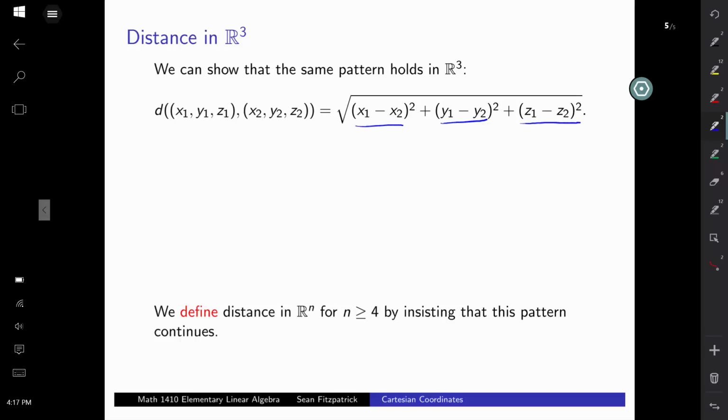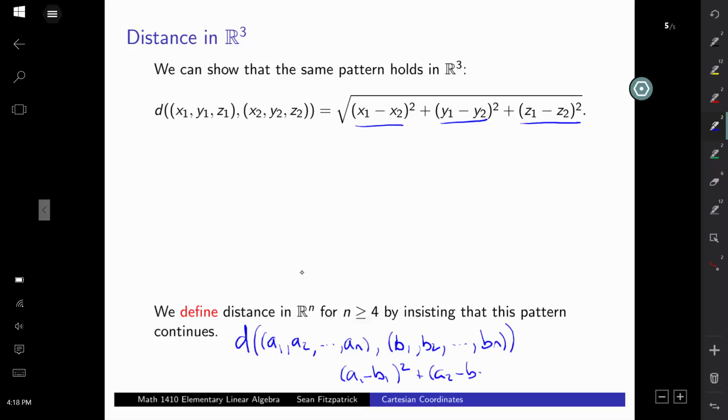And then in Rn, you just kind of go with it and you say, okay, the distance between, well, now things get a little bit harder to specify, but maybe I have something like the distance from A1, A2 down to AN, and B1, B2 down to BN, and you take the difference between the A1 and B1s and the A2 and the B2s, and so on down to the last coordinate.